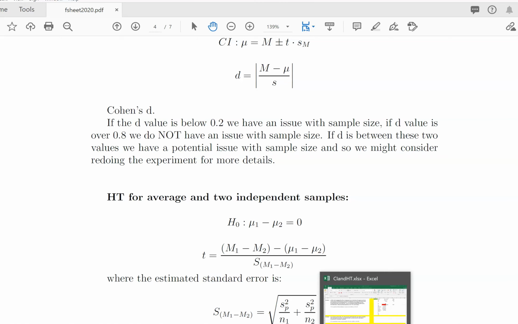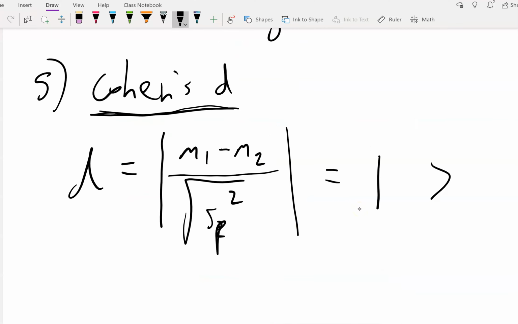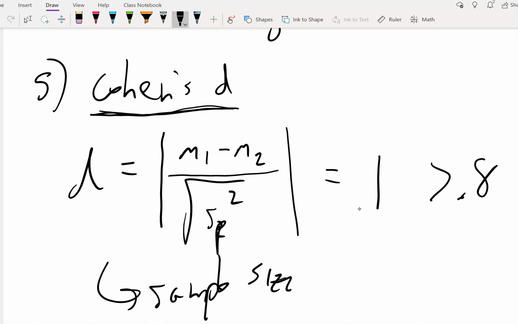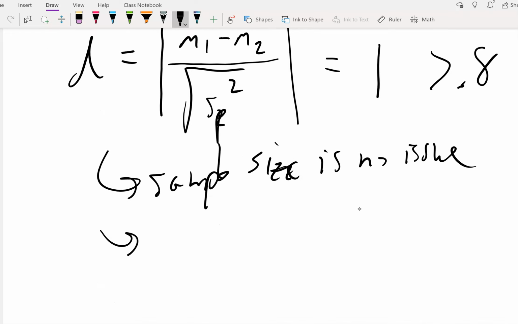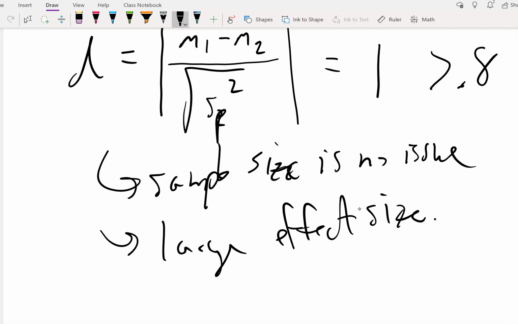Because this is greater than 0.8, what this tells me is sample size is no issue. What you have is what people call a large effect size. There's a large effect regardless of the sample. That's really what Cohen's D is measuring.